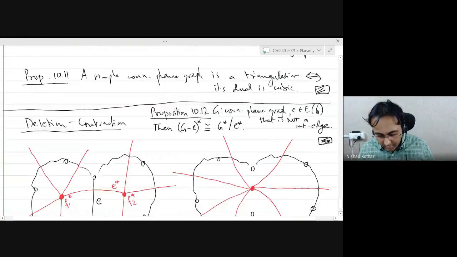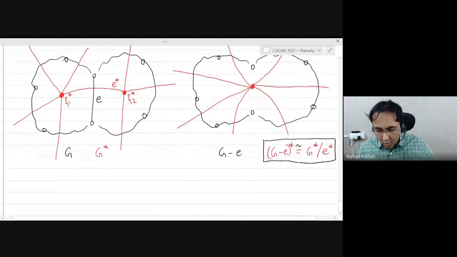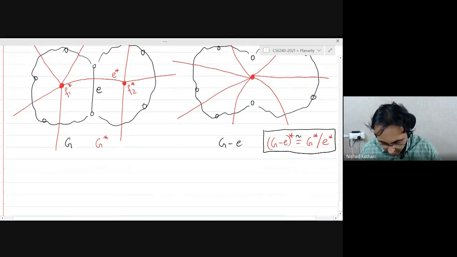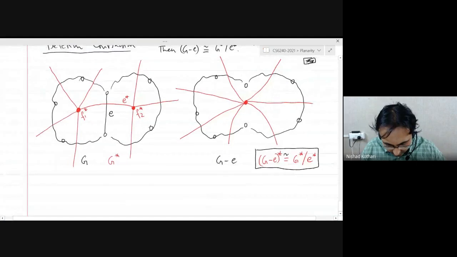All right, so that's one thing. What about contracting the edge E instead of deleting the edge E? Okay, so let's do that. What happens if I contract the edge E?